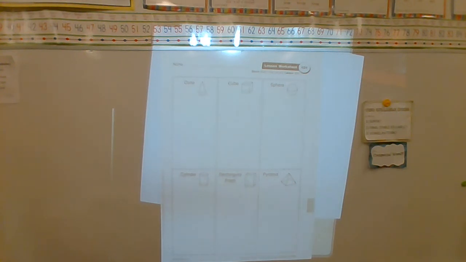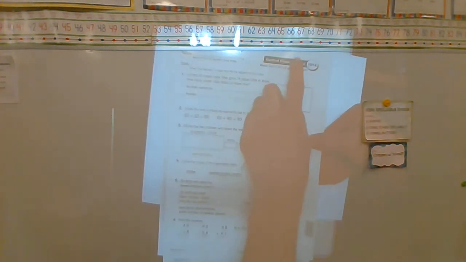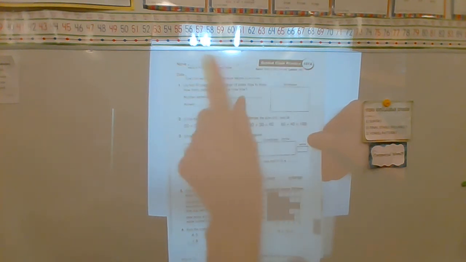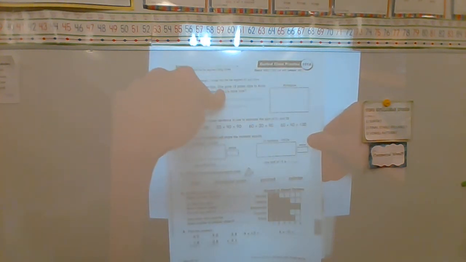Then you can discuss that with Mom. That would be fantastic. And then after you've done that with Mom, you'll do guided class practice 101, side A, measuring at the top.